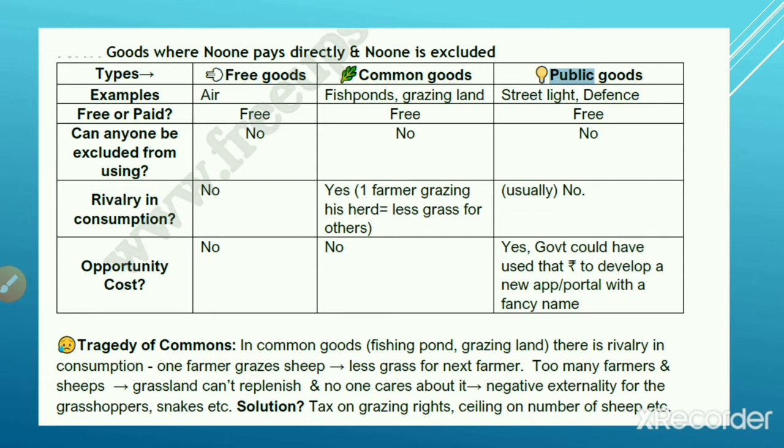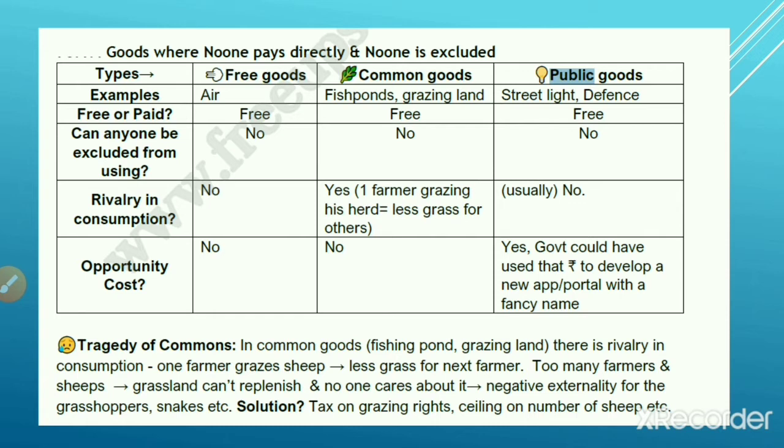There is rivalry in consumption, yes, because if one has 100 goats and they are grazing there, there is a chance that the grass will be exhausted. Other people may not be able to utilize this grass, because it is already grazed by the 100 goats. So there is rivalry in consumption.